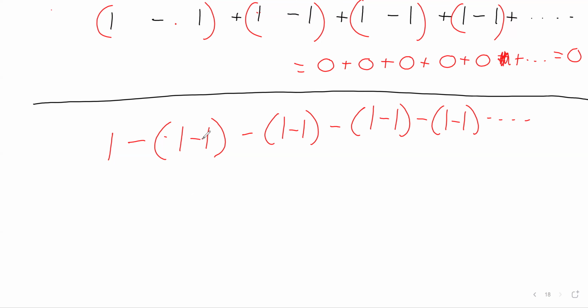So when we do this, well, subtracting 0 doesn't change a number. So if we subtract 0 from 1 a bunch of times, we ought to wind up with 1.